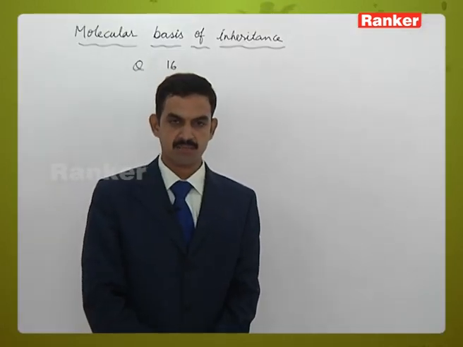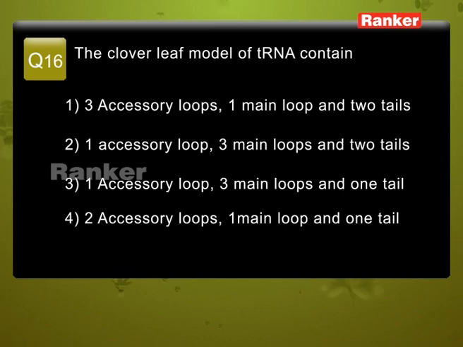Question number 16, the cloverleaf model of tRNA contain options 3 accessory loops, 1 main loop and 2 tails. Option number 2, 1 accessory loop, 3 main loops and 2 tails. Third option, 1 accessory loop, 3 main loops and 1 tail. Fourth option, 2 accessory loops, 1 main loop and 1 tail.